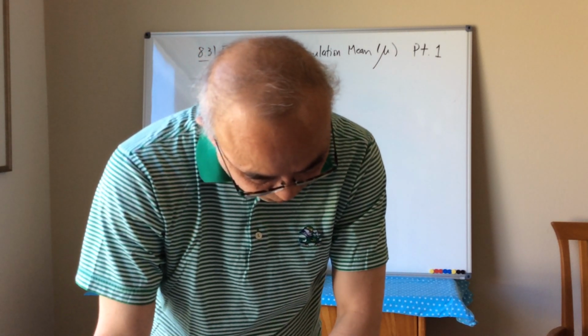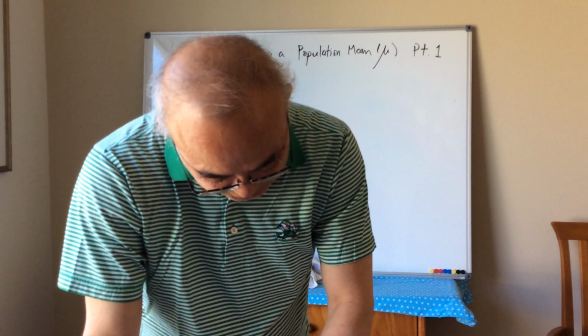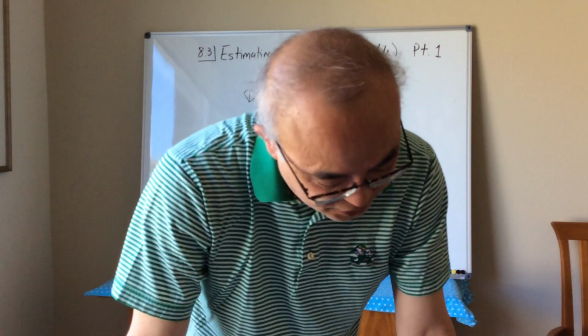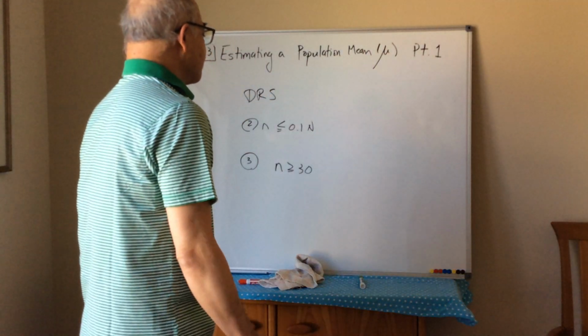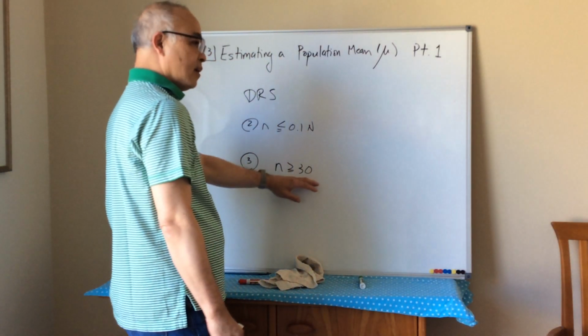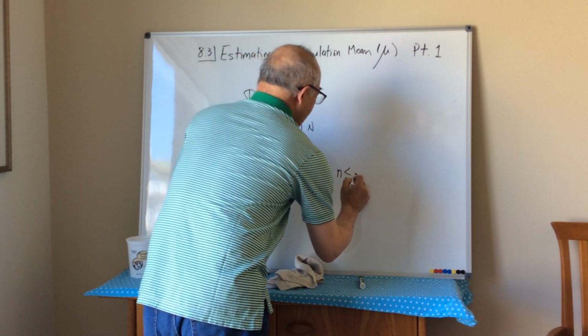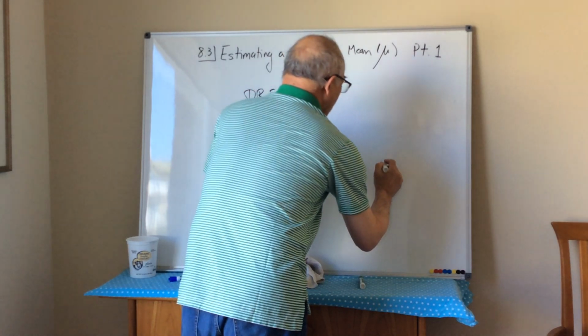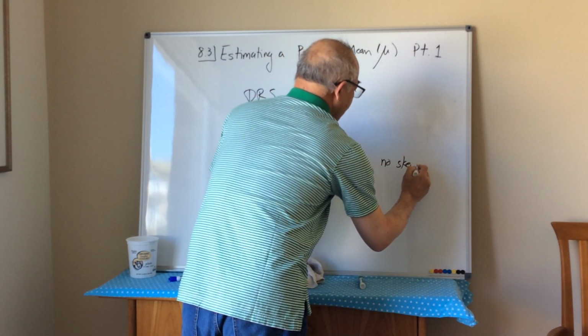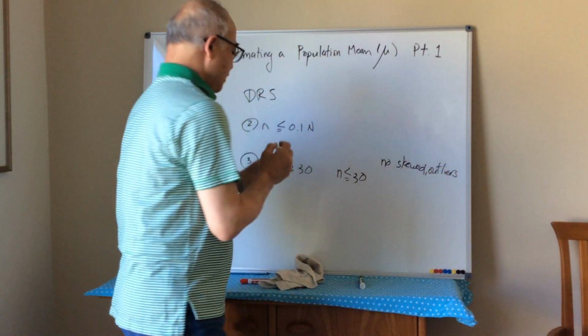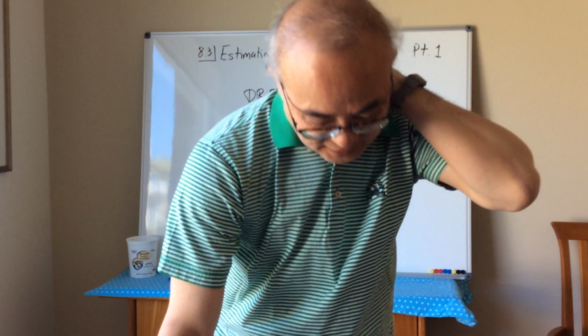If you go to C, n is less than 30, but it is not skewed, and there are no outliers, so you can go ahead and use it. So the large counts condition is that when you are greater than 30, you're good to go. If you're less than 30, let's go ahead and write this down, you're looking for no skew and no outliers. Again, that is on page 533, the top green box there. And we will call it a day today.